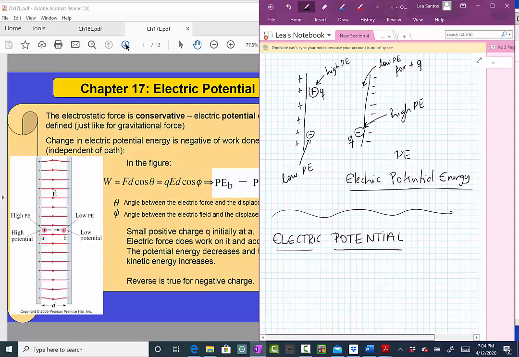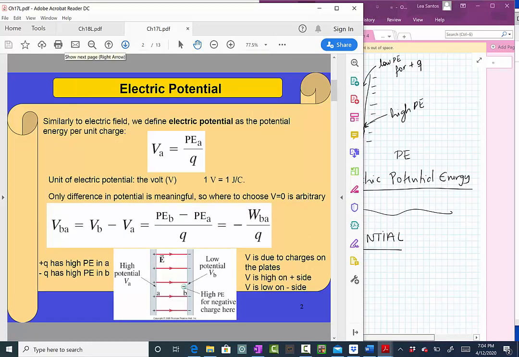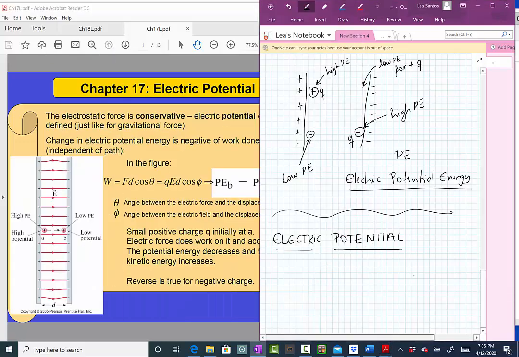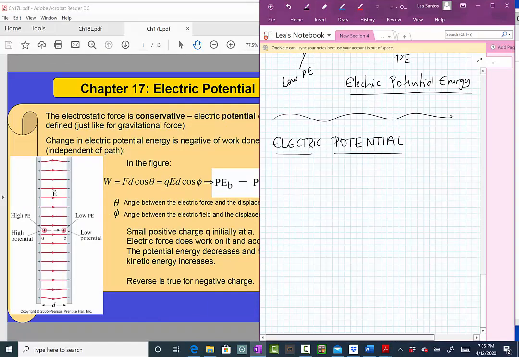What is the electric potential? The definition is in the next slide. The electric potential is the potential energy divided by Q. That's the value, the magnitude of the electric potential. But what we establish by convention is the following. Let's come back to our plates. Positive plate, negative plate.